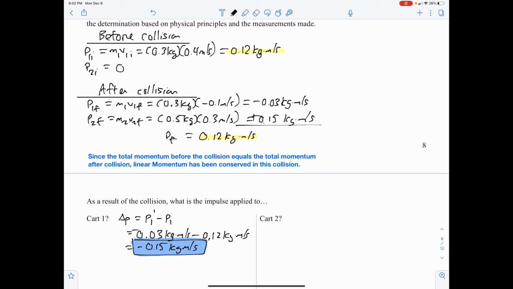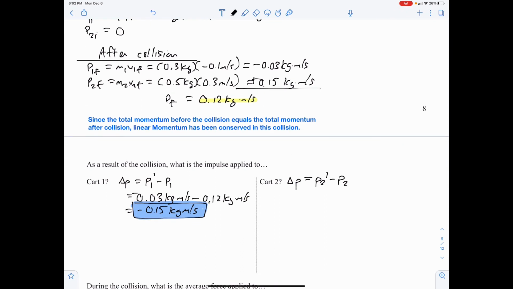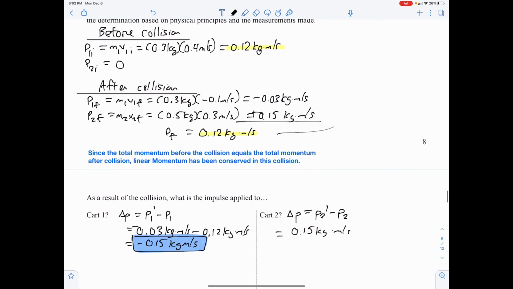Part 2, the impulse or the change in momentum is going to be P2 final, so P2 prime minus P2. So this one is going to be 0.15 kilograms meters per second. That would be this. Minus 0.